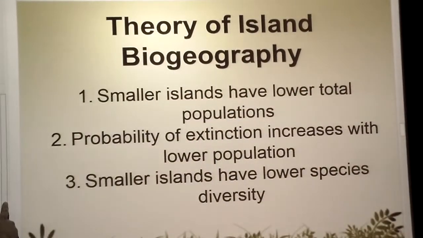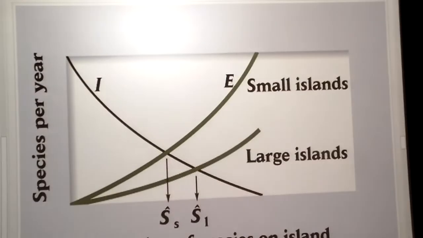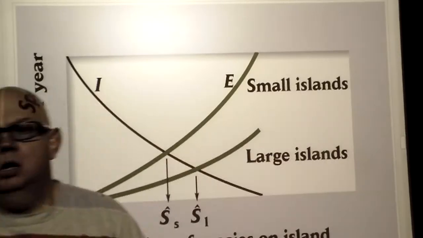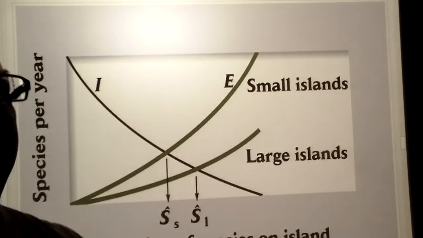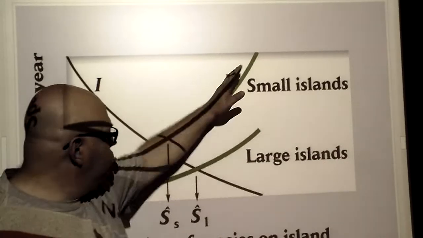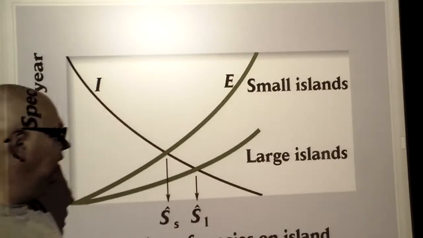So now if we compare immigration and extinction for small islands versus large islands, okay, when you look at it, the extinction curve for the small islands is going to be higher. Just because of the size of the island, fewer resources, you're going to have more extinctions as you have more species on the island.